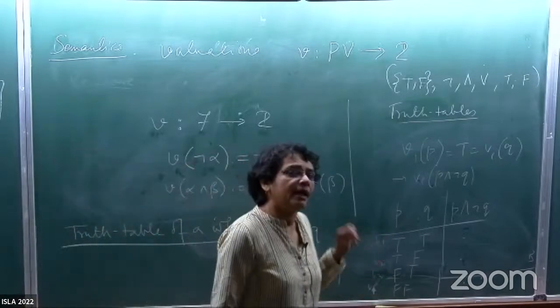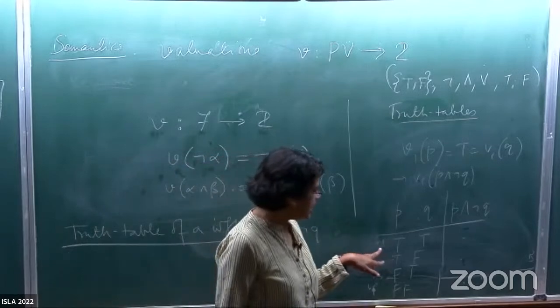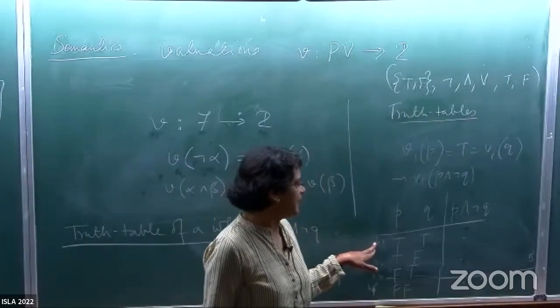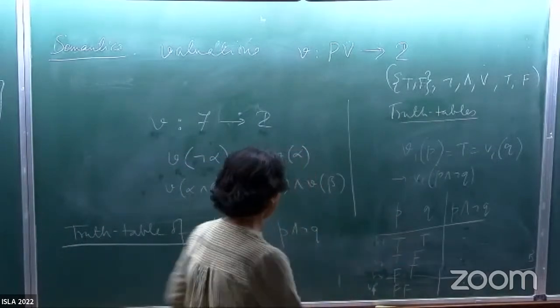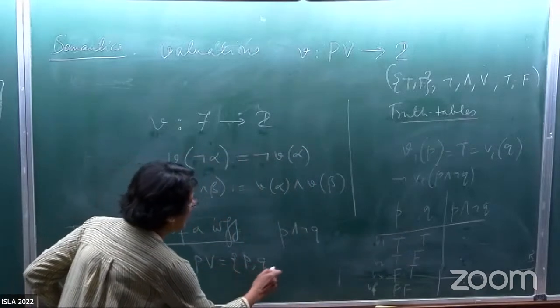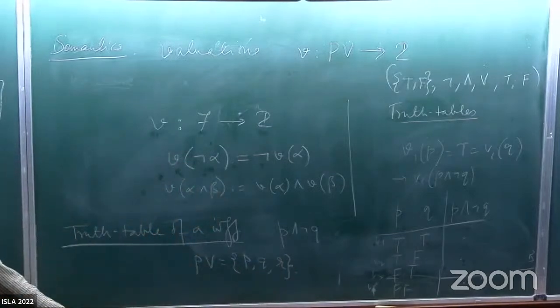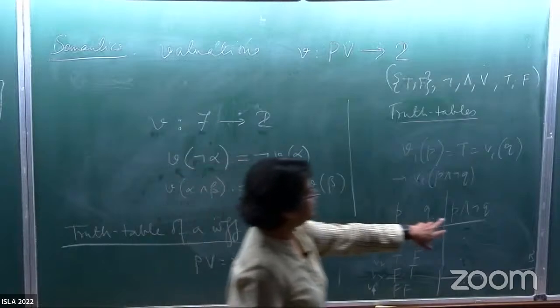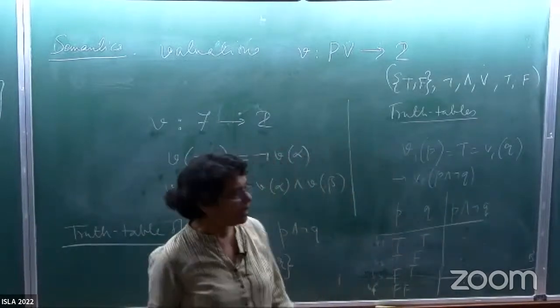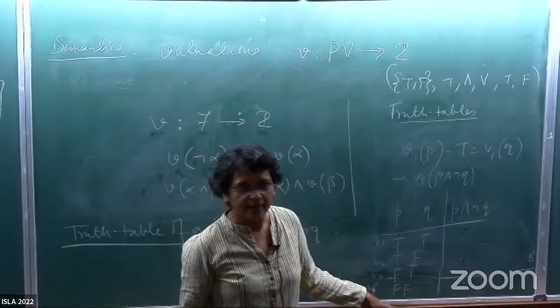Note one more thing, and that will bring us to the first result in this class. Suppose my propositional variable set consists of P, Q, as well as, let's say, one more propositional variable, R. However, I am looking at the truth table of this formula. So I am just focusing on these 4 rows.